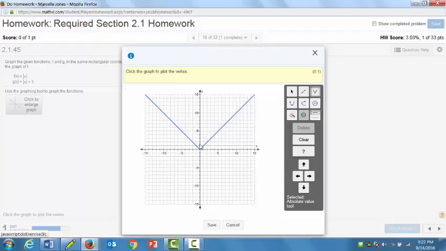So I go 1, 2, 3 units up, and that's the corner. On the absolute value function in MyMathLab, you always have to graph the corner. And then the second point you graph can be any other point on the graph.